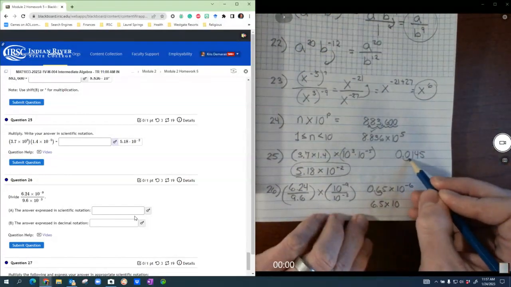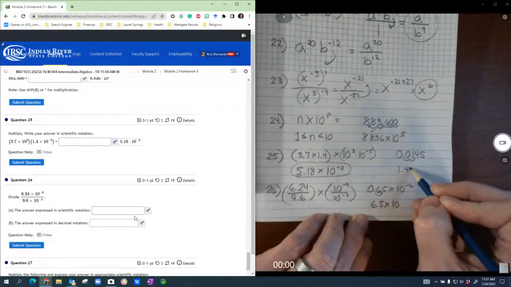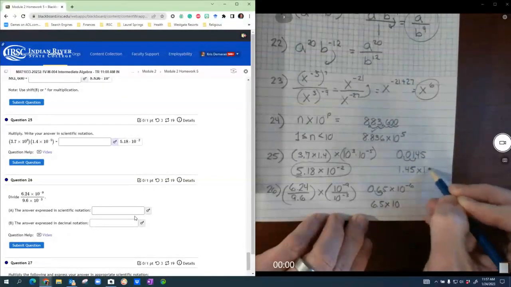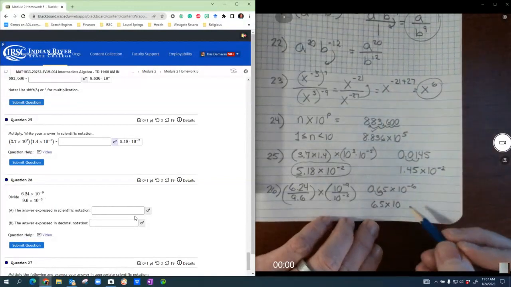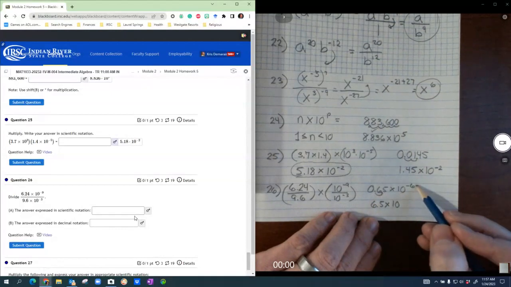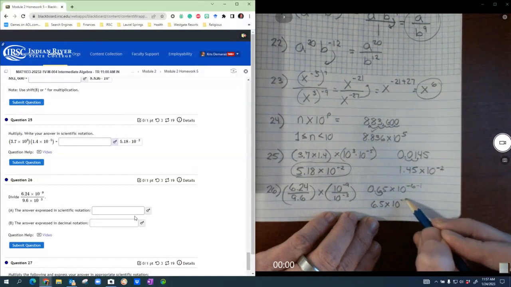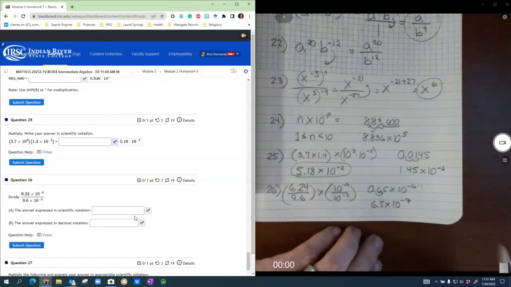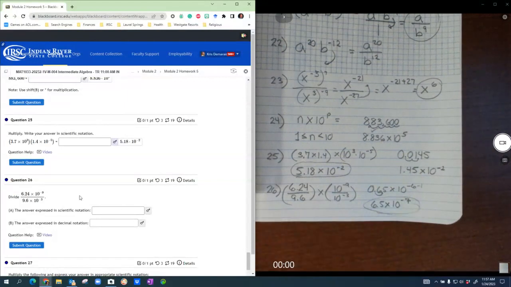What did we do? We moved the decimal point over 2 times to the right, and then we subtracted from the exponential power that many units. Well, the same thing goes for this. If we move it 1 time to the right, then we're going to subtract 1 from this -6, and we're going to get -7. And there's our finalized answer, what we come up with.